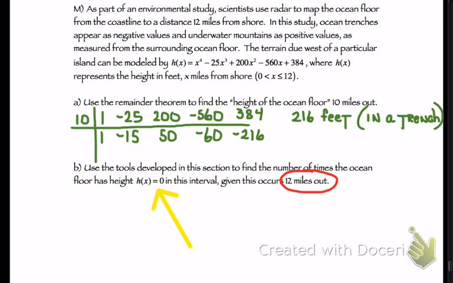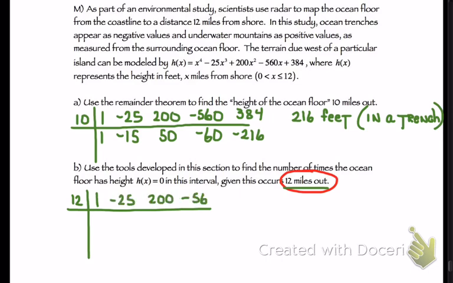If it's a 0, I should get a 0 remainder when I do my synthetic division, so that's what I'm going to do. I'm going to set up my synthetic division using the number 12 because it told me at 12 miles out that the height is going to be 0. It gave me that hint. So let's do our synthetic division.